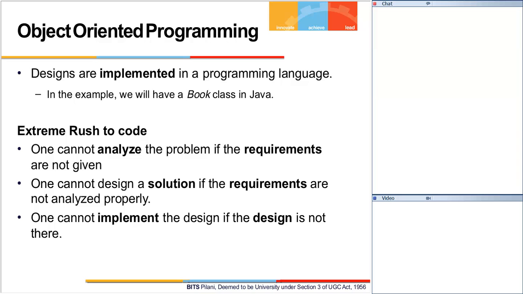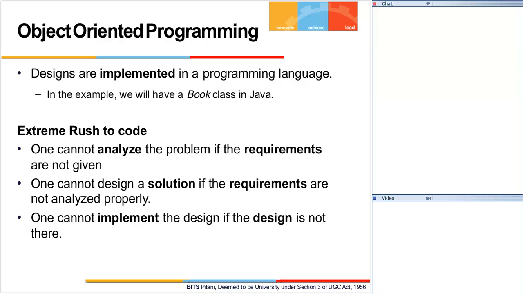It is not the first step. But the problem is, because of the extreme rush to code, the first thing that is done is start with the programming, right? You cannot analyze the problem if the requirements are not given. So if the requirements are given, the first step is to analyze the problem, then design the solution once you have an analysis model ready with you, and then go and implement it.